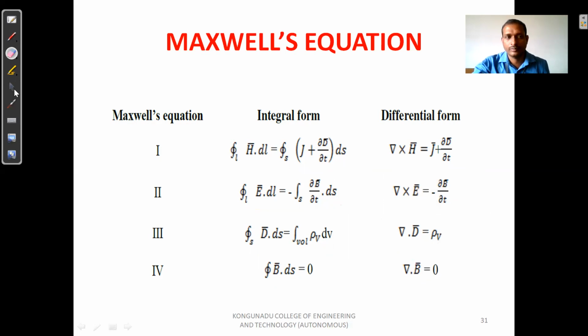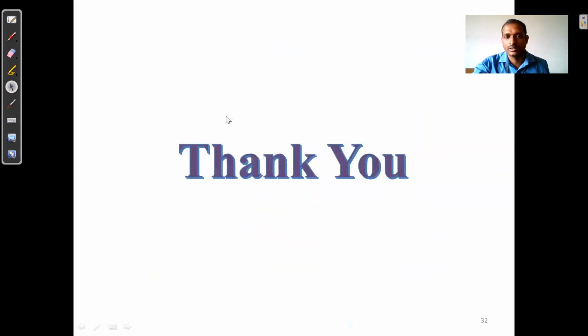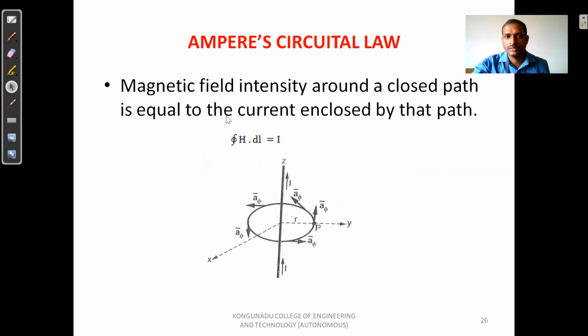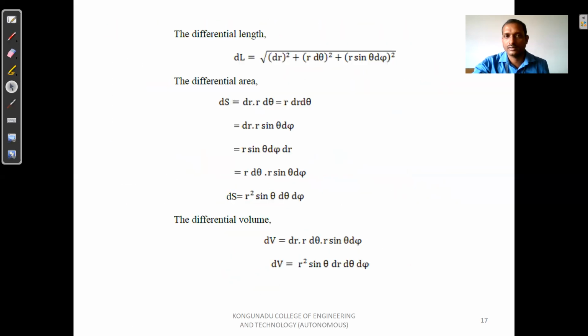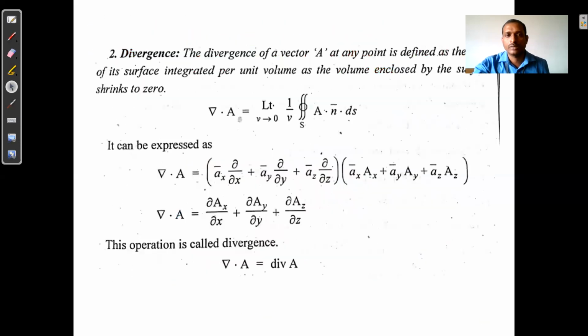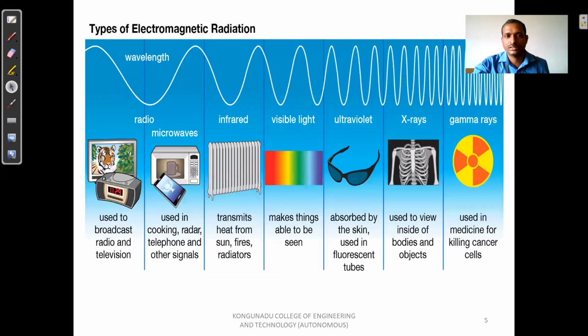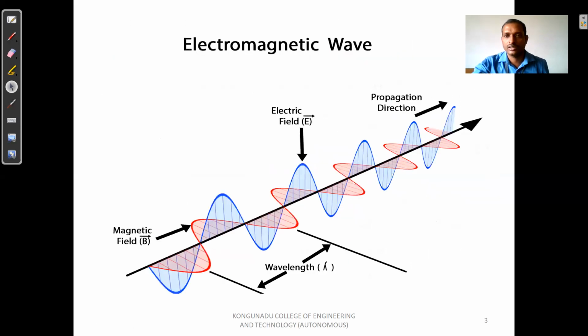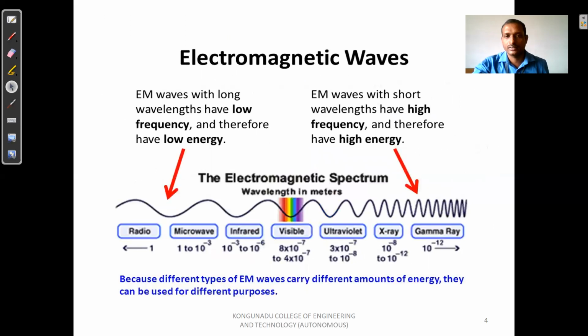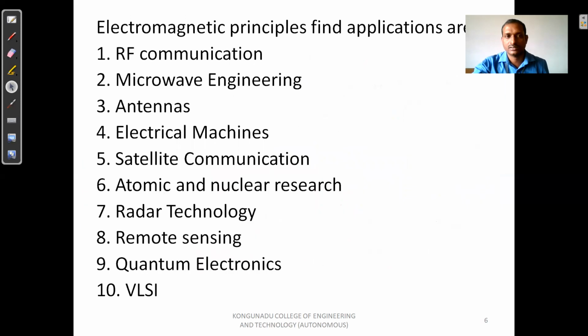Finally, I'm going to conclude this session. In this class, we discussed many basic fundamental things in electromagnetic fields. First we discussed what is meant by electromagnetic field and electromagnetic waves. We discussed the different waves in the electromagnetic spectrum and their applications.